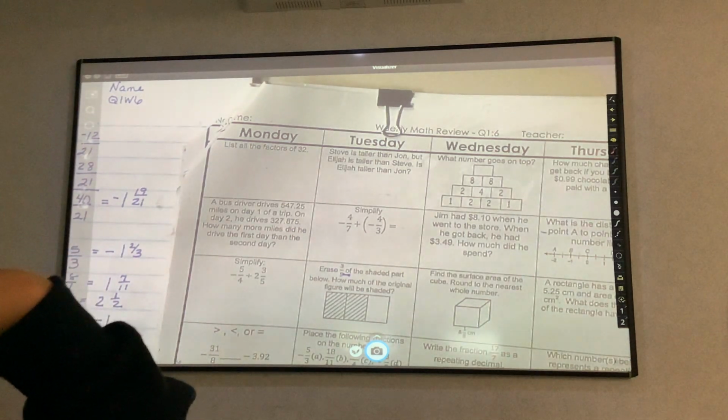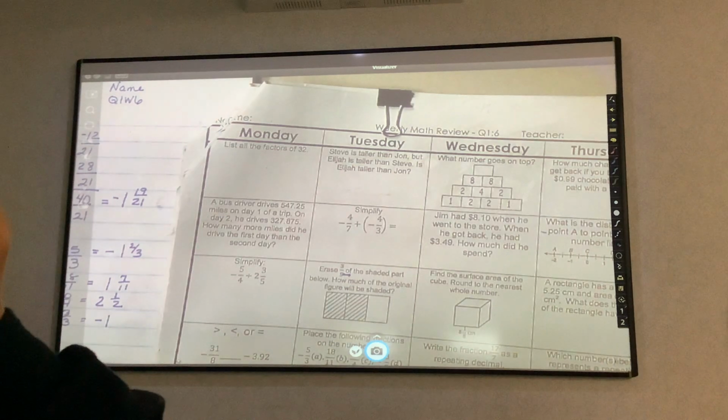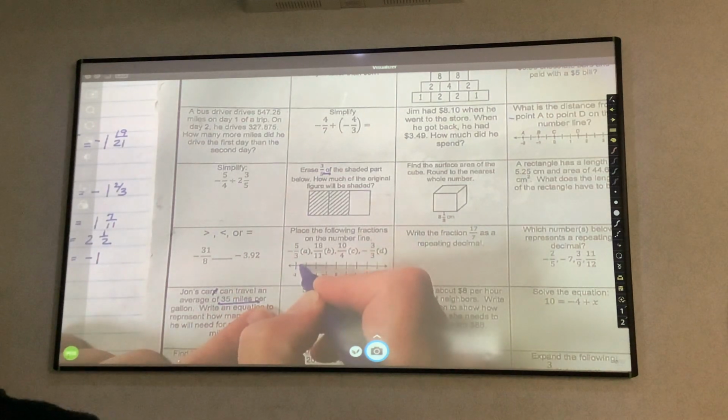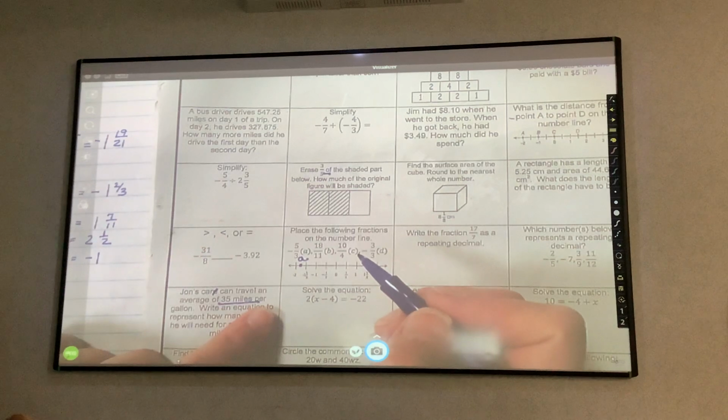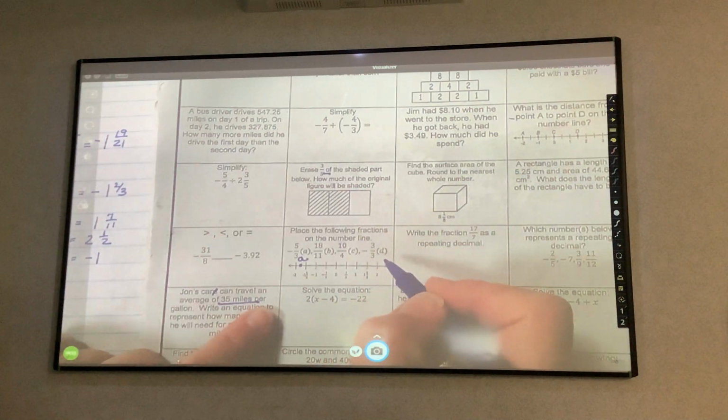Where would I go in between -1/2 and -2? Oh, sorry. And then I would label it A. 18/11 is 1 and 7/11. Where is it closest to?